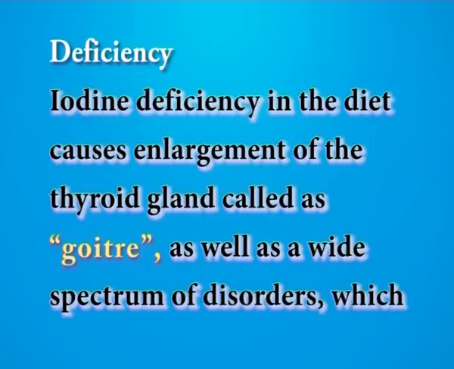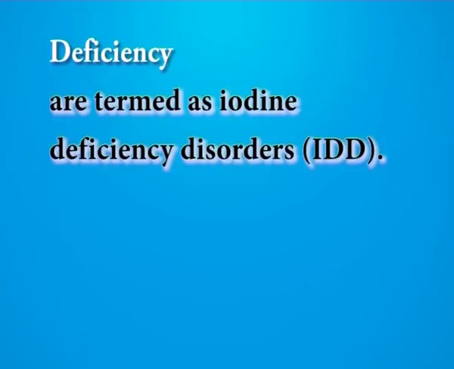Iodine deficiency in the diet causes enlargement of the thyroid gland, called goiter, as well as a wide spectrum of disorders which are termed iodine deficiency disorders.